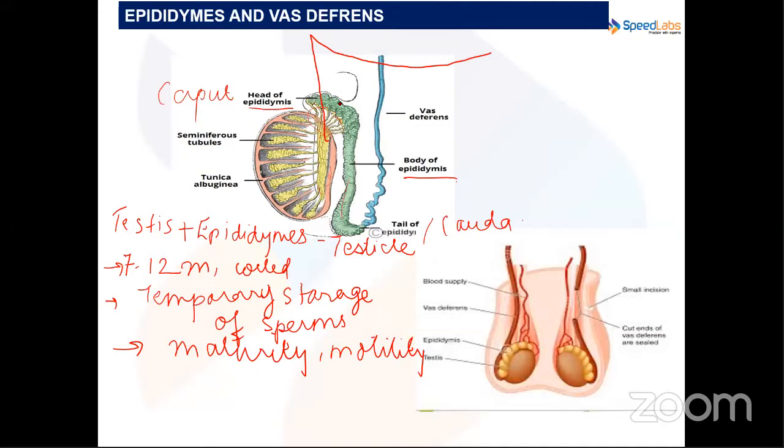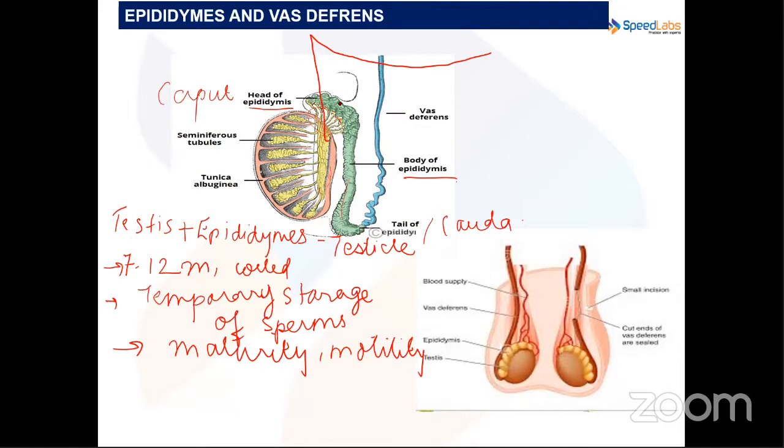Now, for what amount of time do they remain inside the epididymis? That is a question. They remain inside the epididymis for around a month or so. Once they are ejaculated, the sperms are still not fully active.